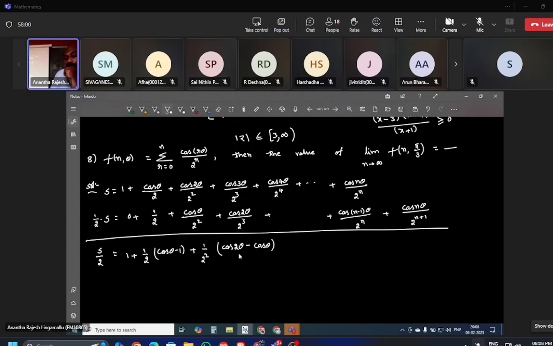If here also cos theta by 2 comes with a negative sign, then it is gone. 1 by 2 cube, if I take common, this is cos 3 theta minus cos 2 theta. See what is happening? Cos 2 theta by 2 square is there, but here minus cos 2 theta by 2 cube is there. If that were 2 square, things would get cancelled. So like that I am thinking. Any other thought? This one failed.